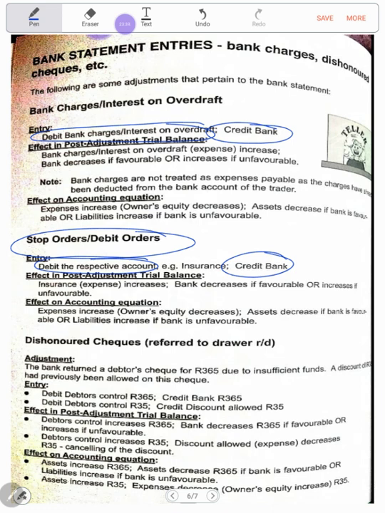Money is leaving. Remember dishonored checks. Dishonored checks is when you have to refer to the drawer, the person who drew the check out for you. A dishonored check cannot be cashed due to following reasons. Insufficient funds. The signature is not on the check. It's an old check, meaning stale check.